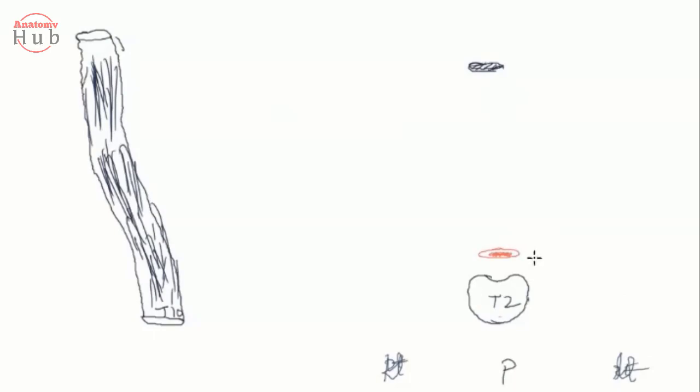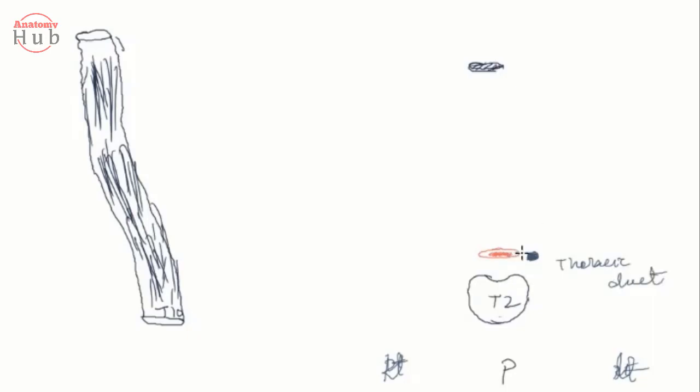At the left side, here you'll find a duct. Left to the esophagus, we will find a duct, and this duct is known as your thoracic duct. We'll study about this thoracic duct.